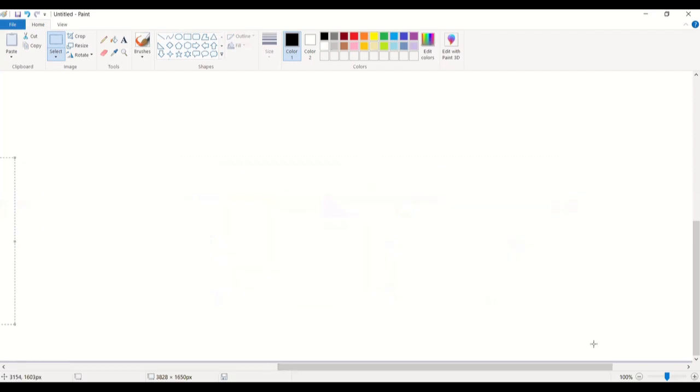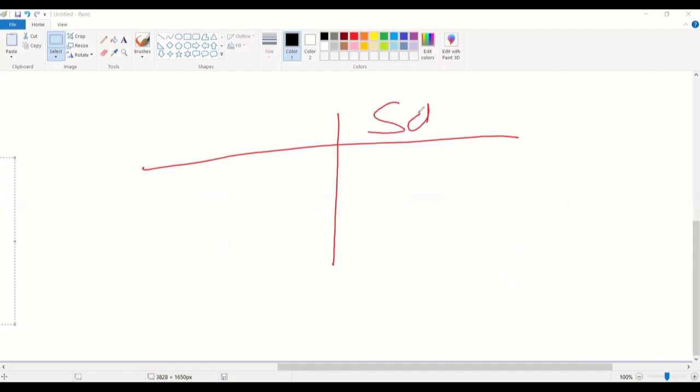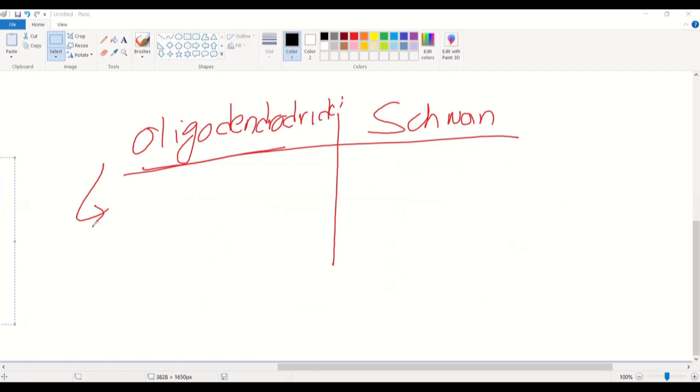Okay, so let's make a difference. Schwann cells, oligodendrocytes. These differences are high yield. Oligodendrocytes myelinate central nervous system neurons, while the Schwann cells myelinate peripheral nervous system neurons.